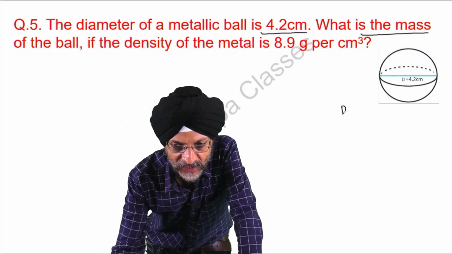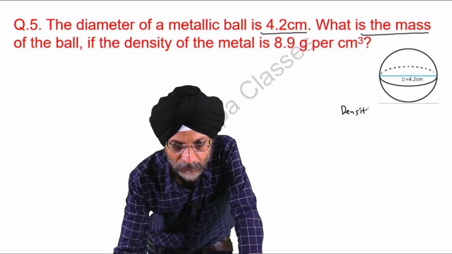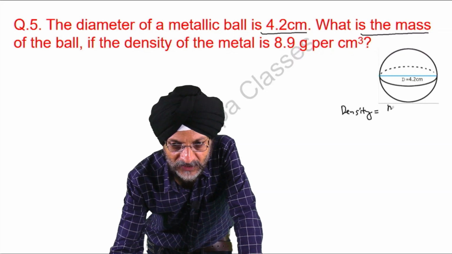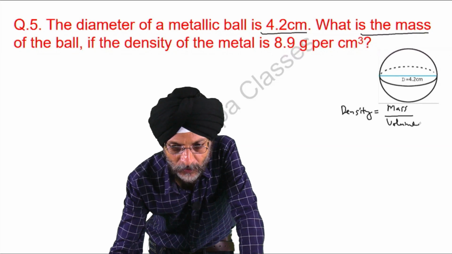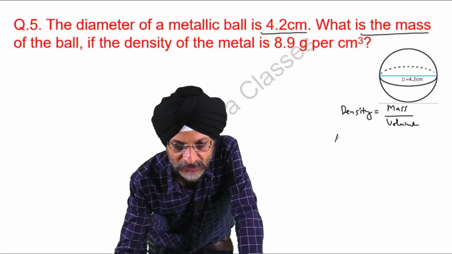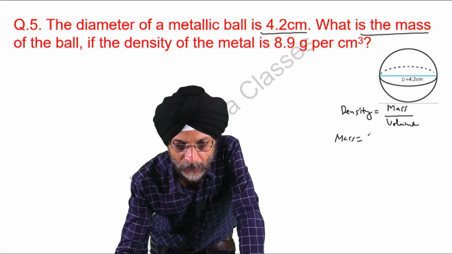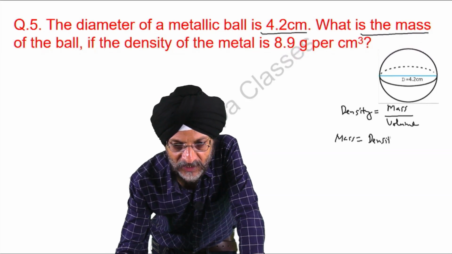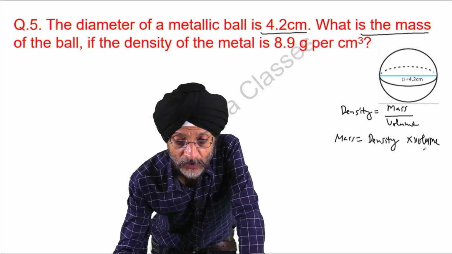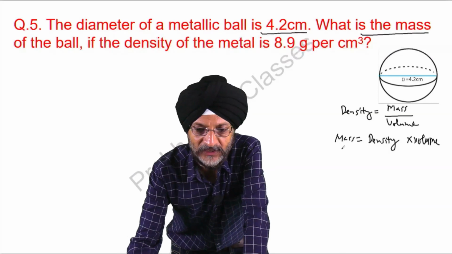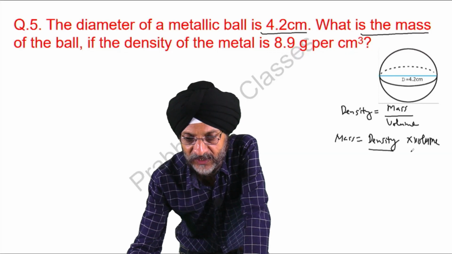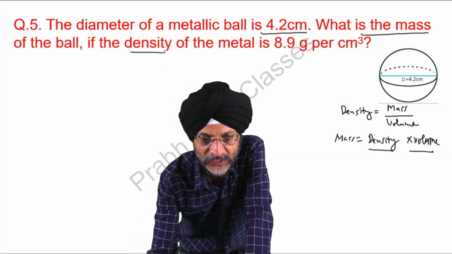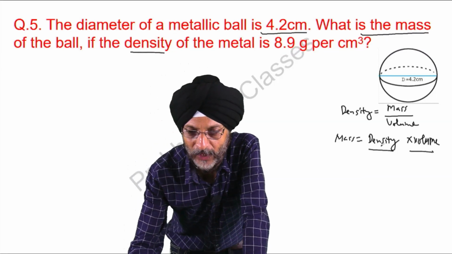That relation is that density is equal to mass divided by volume, and we have to calculate the mass. Now the mass is equal to density into volume. So to calculate the mass as per the requirement of the question, we will have to multiply density with volume. Now the density has been given in this question, so we will have to calculate volume.